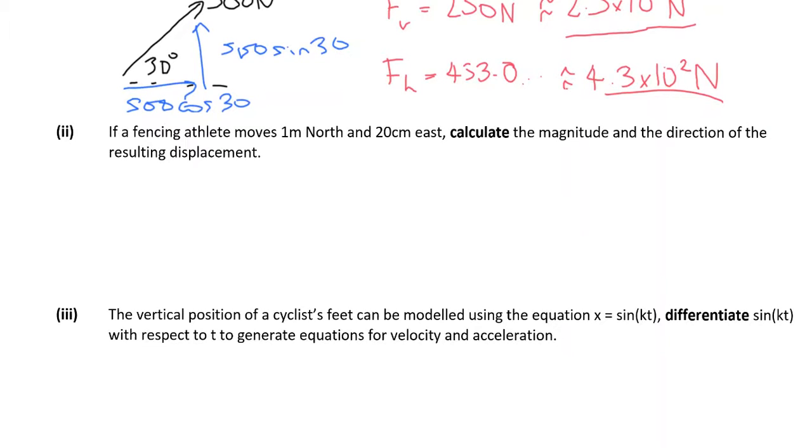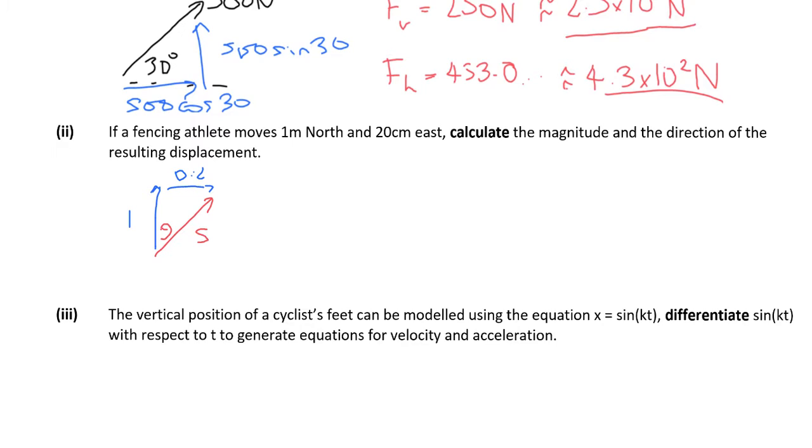So a fencing athlete moves 1 meter north and 20 centimeters east. So that's 1 and 0.2. Calculate the magnitude and direction of the resulting displacement. So the displacement is going to be this, and we're going to want this angle in there.